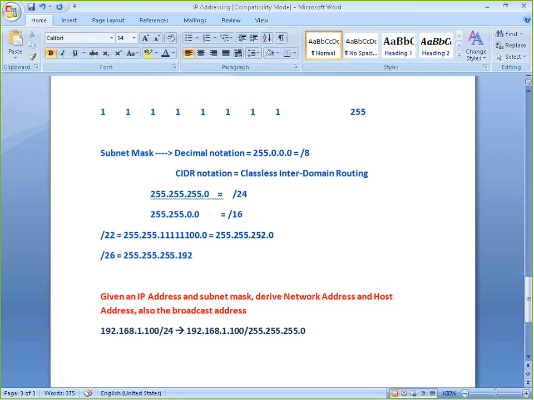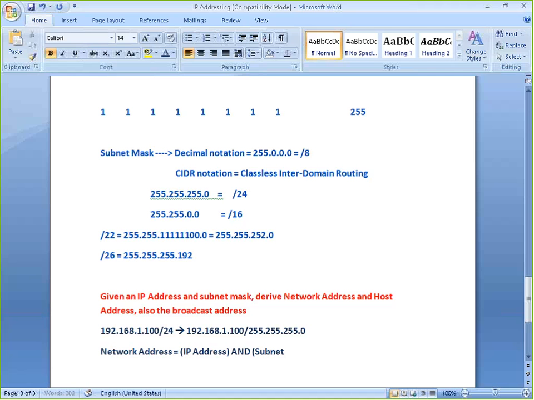Now let's talk about how to calculate the network address, the host address and the broadcast address. Let's first talk about the network address. To derive the network address, there is a formula that we are supposed to follow. We take the IP address and the subnet mask, and we make use of the AND logic.